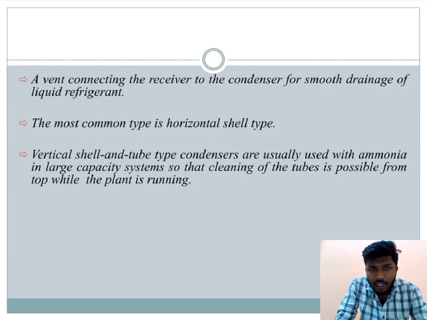A vent connects the receiver to the condenser for smooth drainage of the liquid refrigerant. The most common type is the horizontal shell and tube type. Vertical shell and tube type condensers are usually used with ammonia in large capacity systems so that cleaning of the tubes is possible from the top while the plant is running.